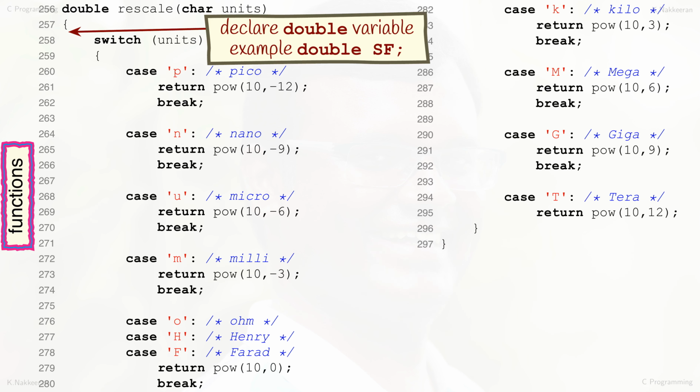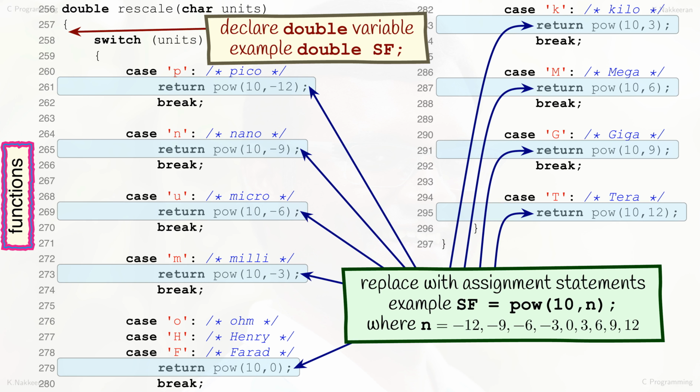Instead of so many return statements, another possible way could be declaring a local double type variable at the beginning of this function between lines 257 and 258. All the return statements within every case scope are replaced with assignment statements to assign the scale factor to the double type variable.